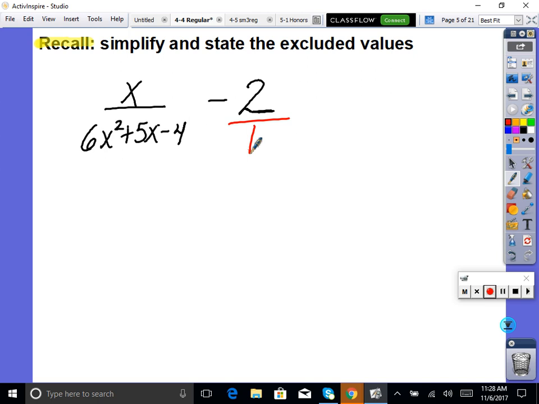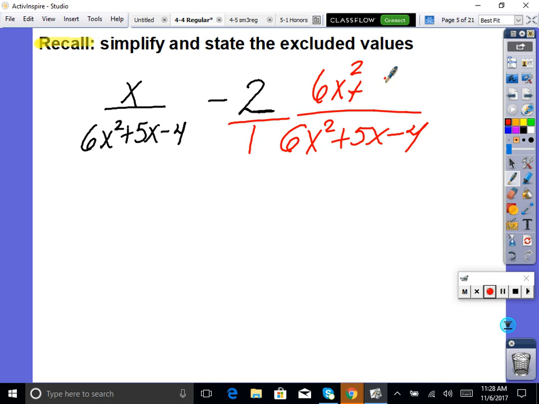Okay, so common denominator. Now, we could factor this, couldn't we? But are we going to get a 1? Is there anything in common, in other words? No, so we would just go ahead and multiply by 6x squared plus 5x minus 4 over 6x squared plus 5x minus 4.